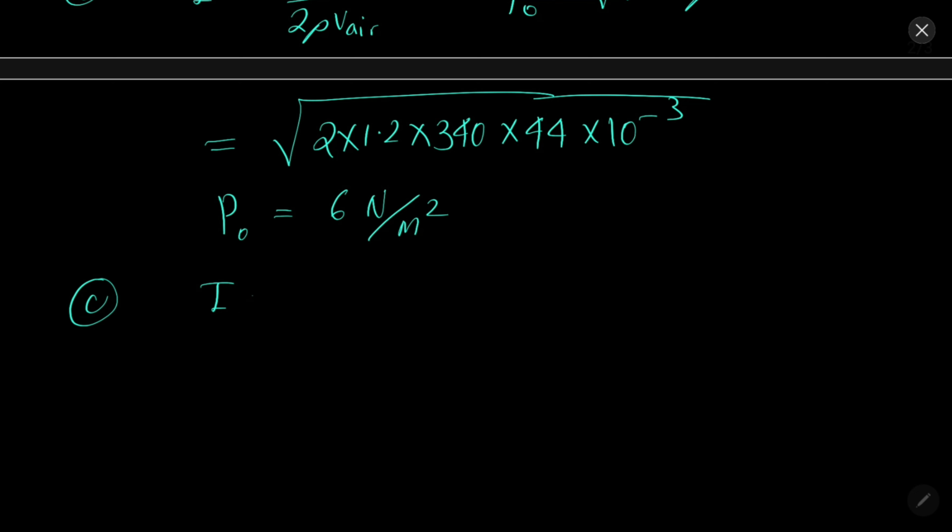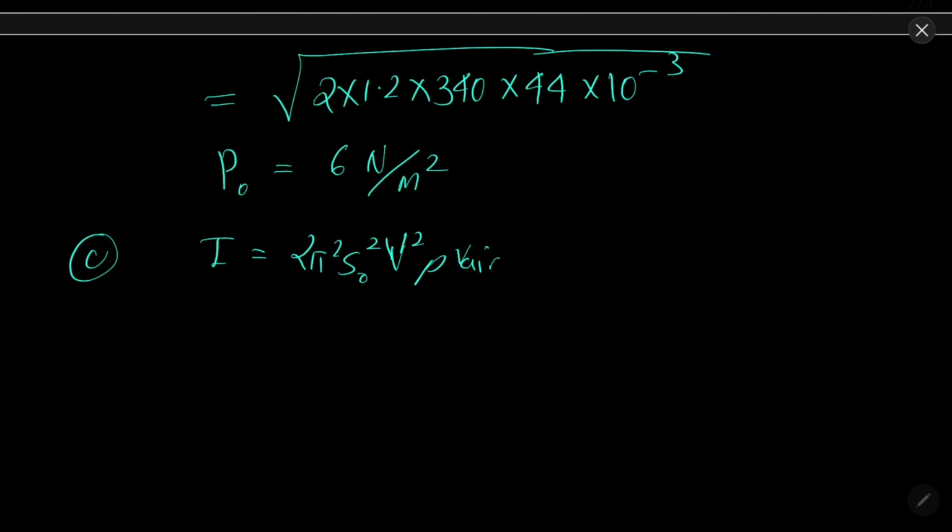C part, intensity is also given by this formula. So from this S naught will come out 1.2 into 10 to the power minus 6 meters.